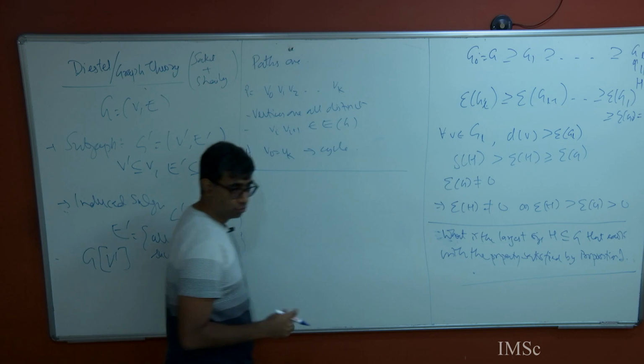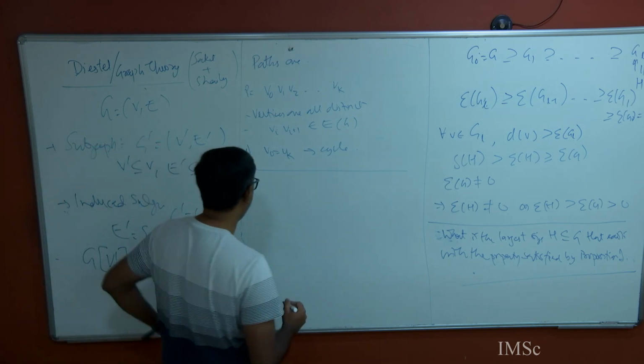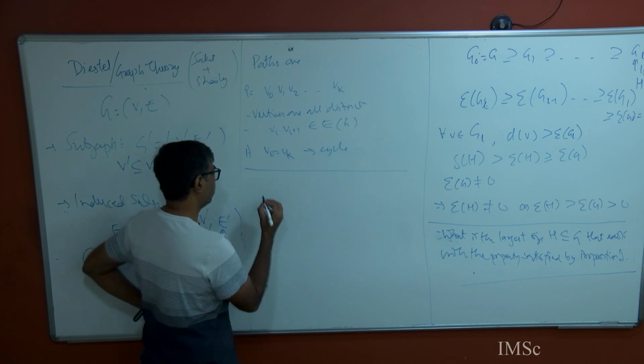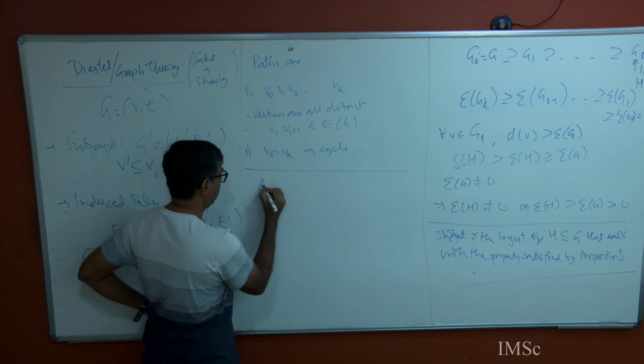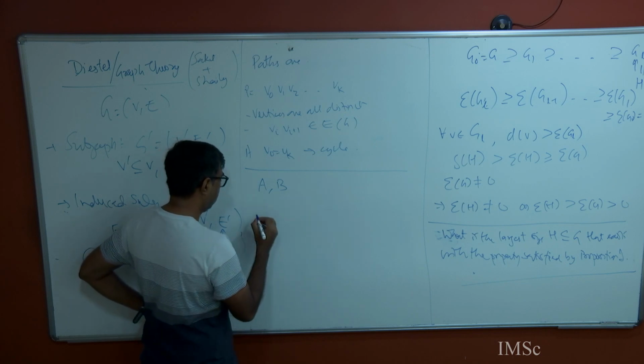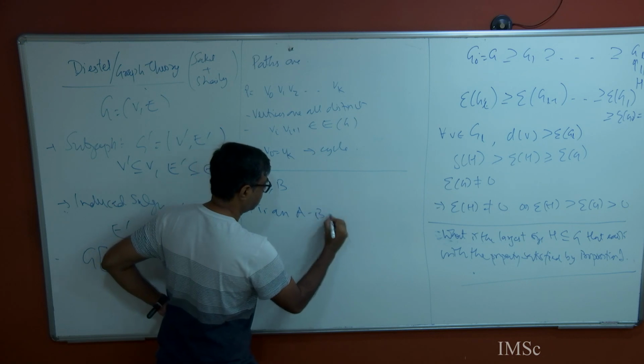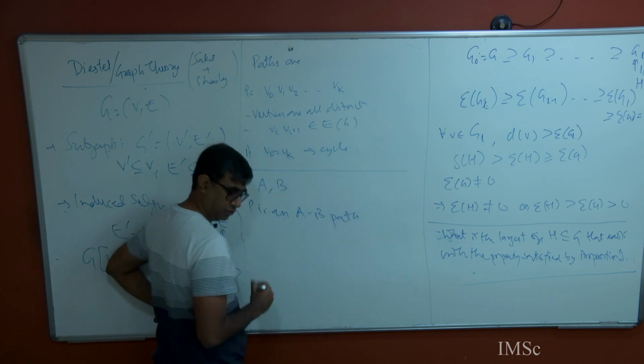There are some important notions that we will be using, so let me introduce them a priori. Suppose I have two sets of vertices A and B, and I call P an AB path. You know what I mean by this?